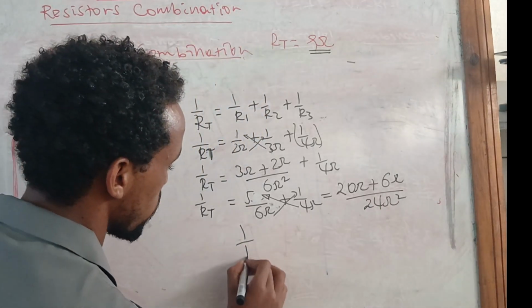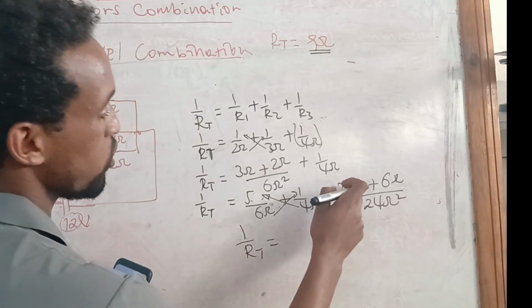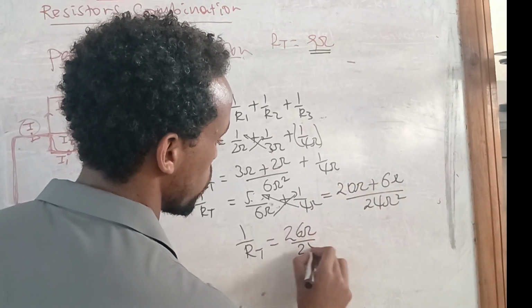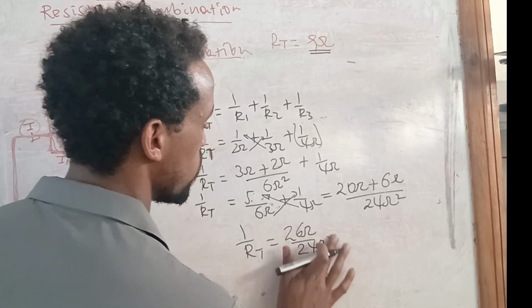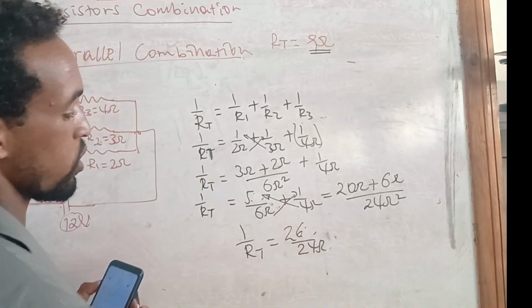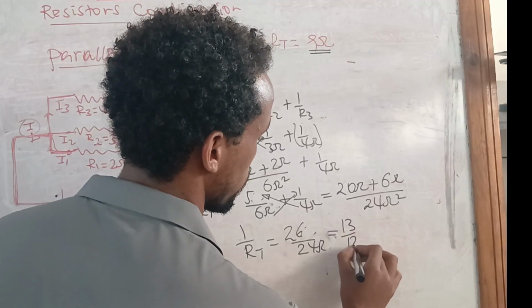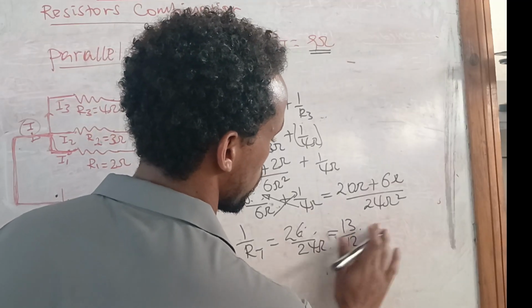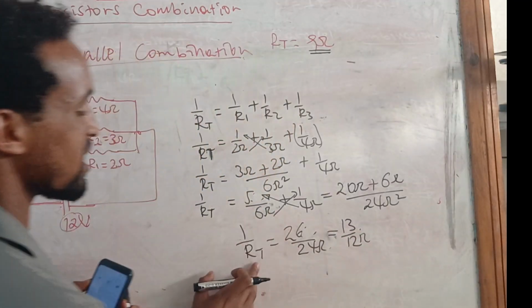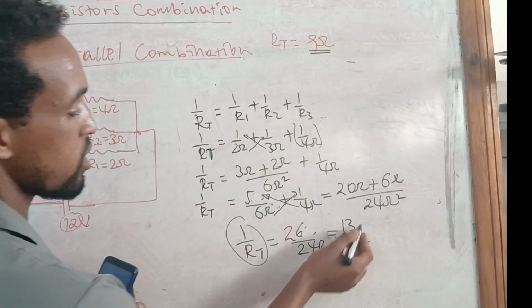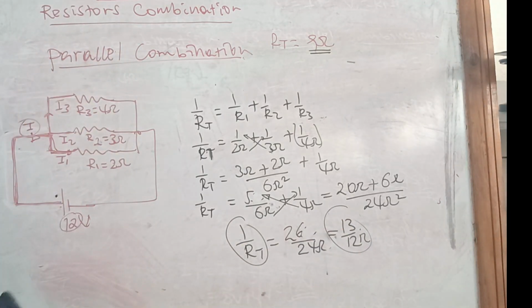So 1 over R total finally is equal to 26 ohm divided by 24 ohm squared, and the square will go away. Let's simplify this, which is 13 over 12 ohm. Still I didn't get R total, because this is 1 over R total.